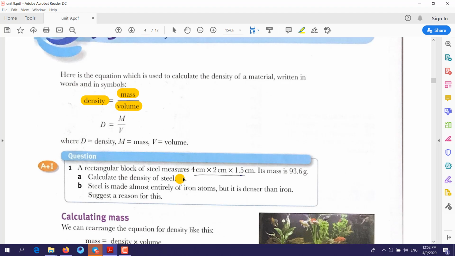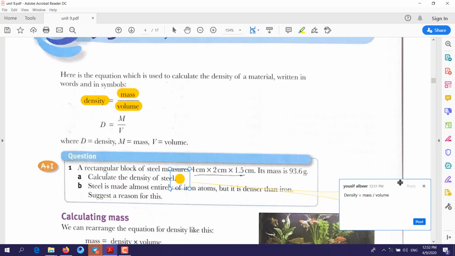Now, how to solve it? First step, density equals mass over volume. Second step, mass: how much is the mass?